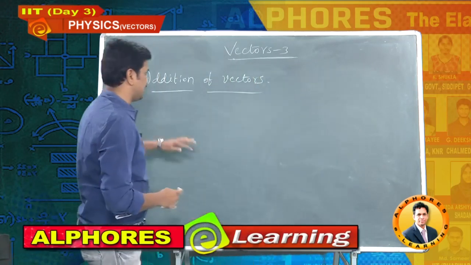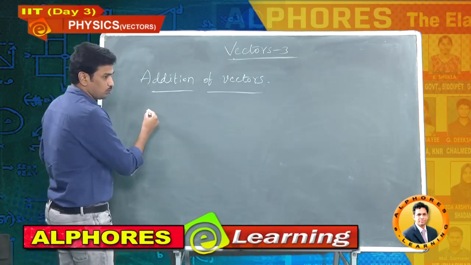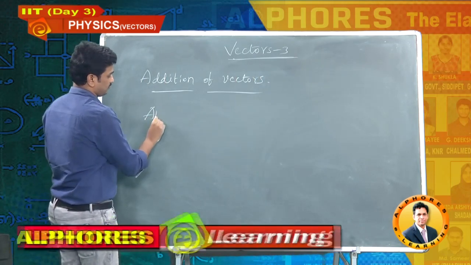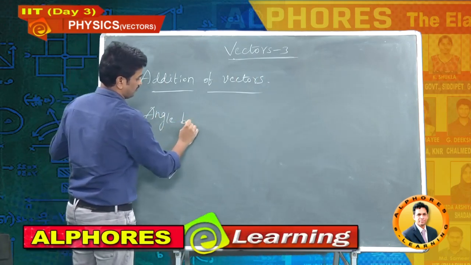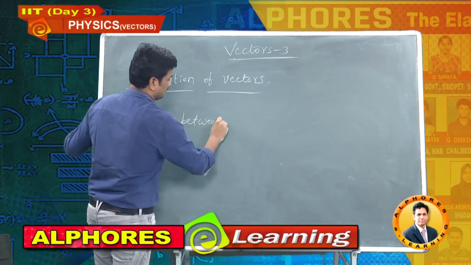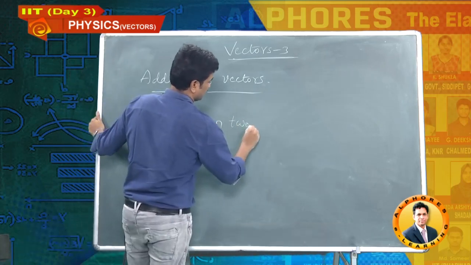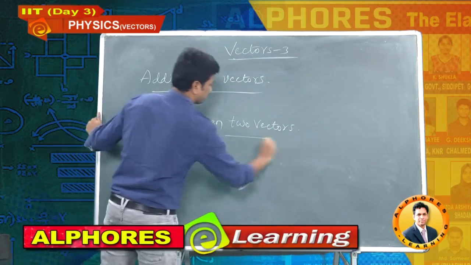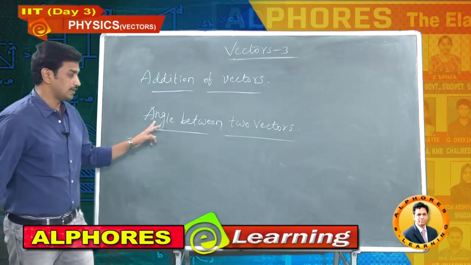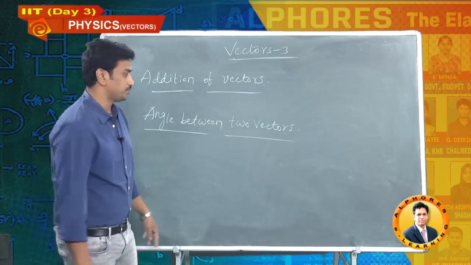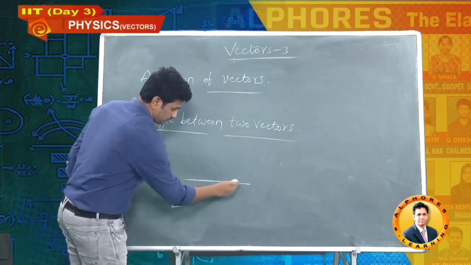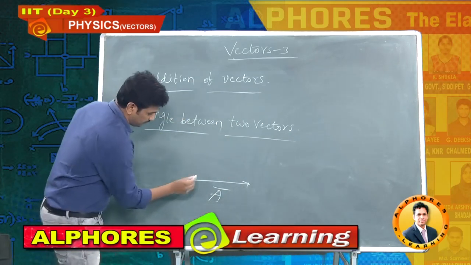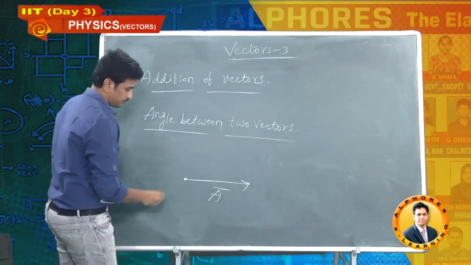Similarly, how to calculate the angle between the two vectors. These points are important to solve the problems. Angle between two vectors, how to measure? A bar, tail, head.